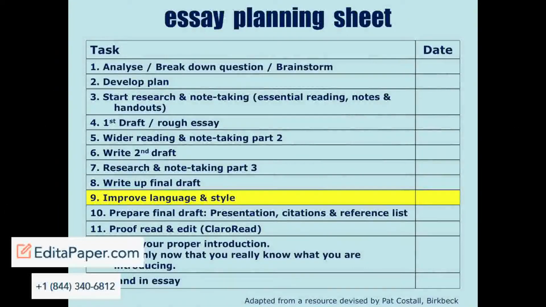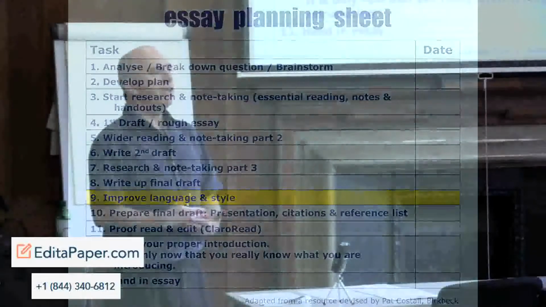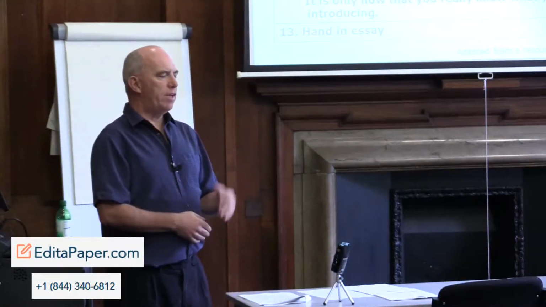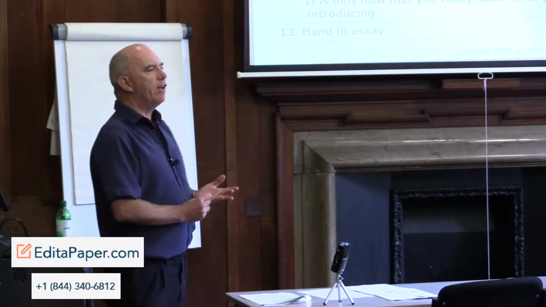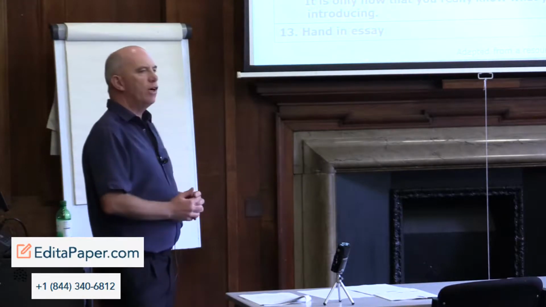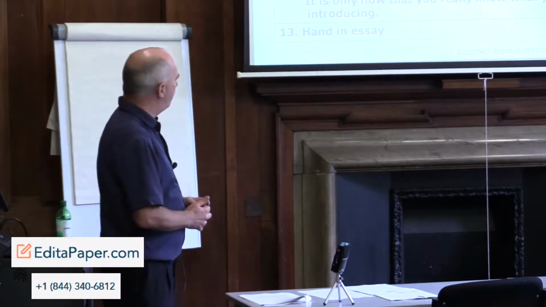Because up to now, your essay is just being read by you. So you can make a few mistakes, spelling mistakes and things like that. Don't have to worry about it. But now you need to think about your audience. So now you need to read through it to check it. Make sure it's academic style writing. There's no obvious errors and so on.